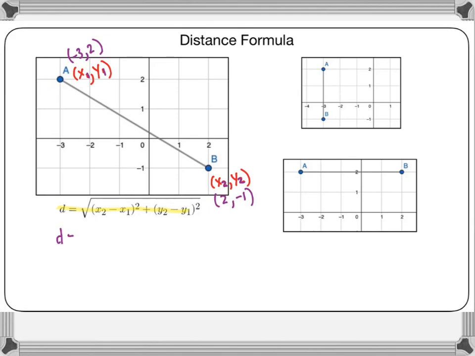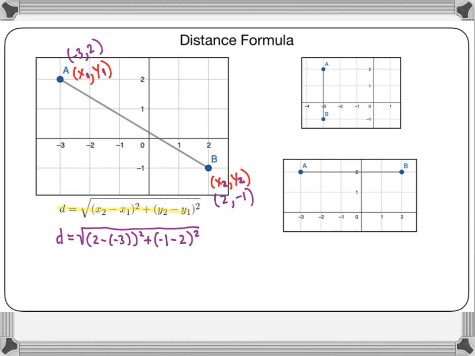So we have the distance equals the square root of x sub 2, which is 2, minus -3, which is x sub 1, squared, plus y sub 2, which is -1, minus 2, which is y sub 1, squared.